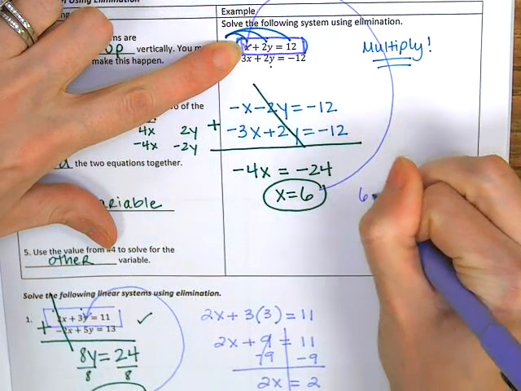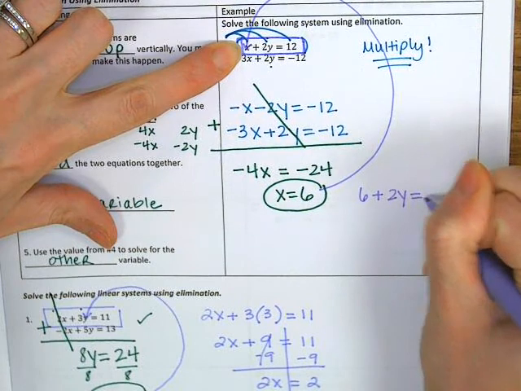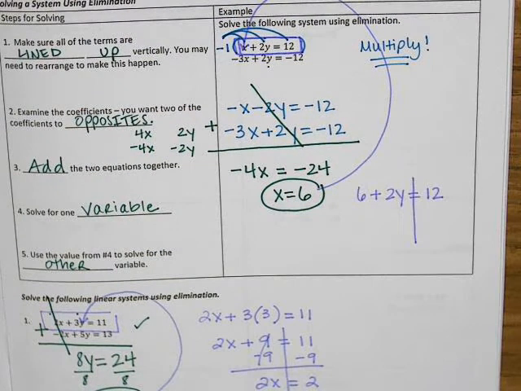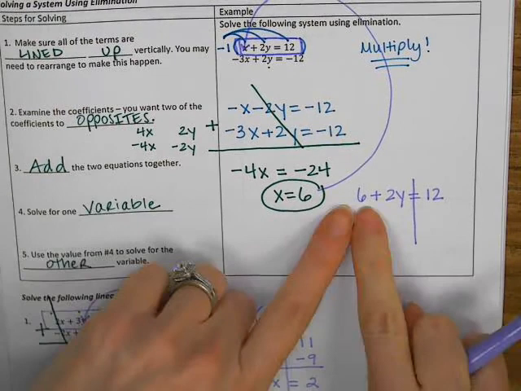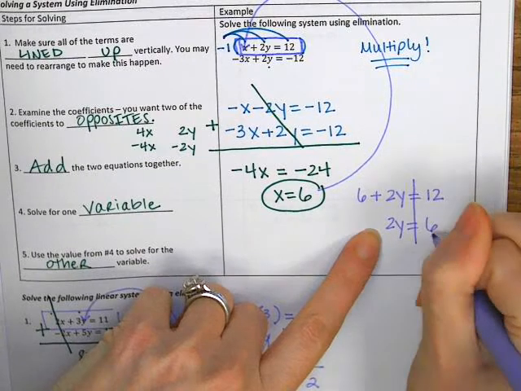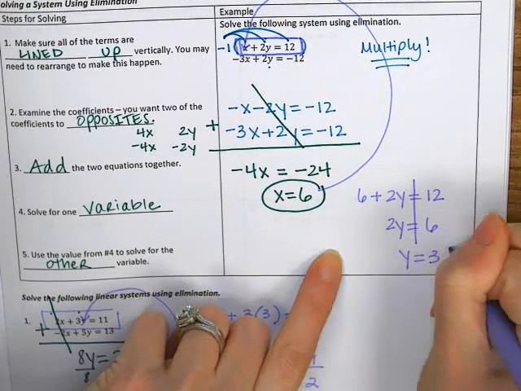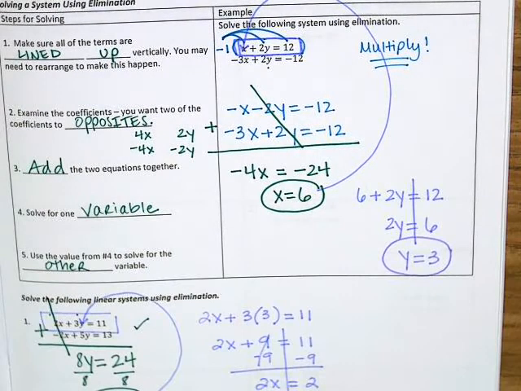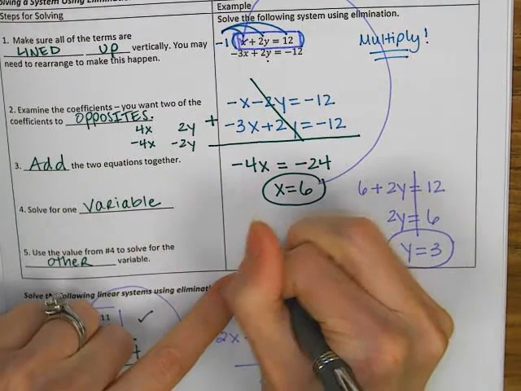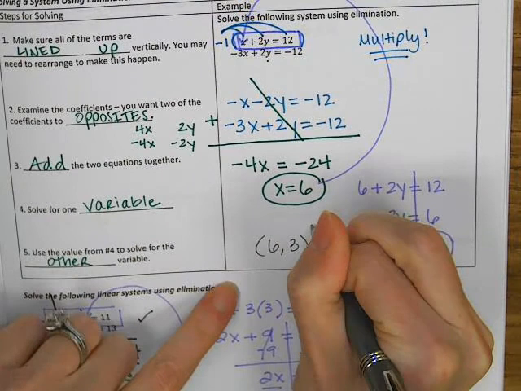So now it's 6 plus 2y equals 12. And then that's really easy to solve. Draw your wall. If you minus the 6 over, you get 2y equals 6. And if you divide by 2, you get y equals 3. Final answer as an ordered pair, 6, 3.